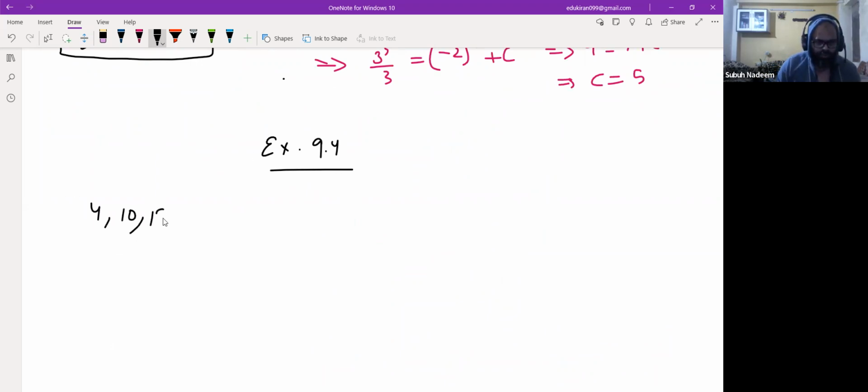Four, 10, 13, and then let us see 1, 2 word problem, 17 and 19. You can try these questions.